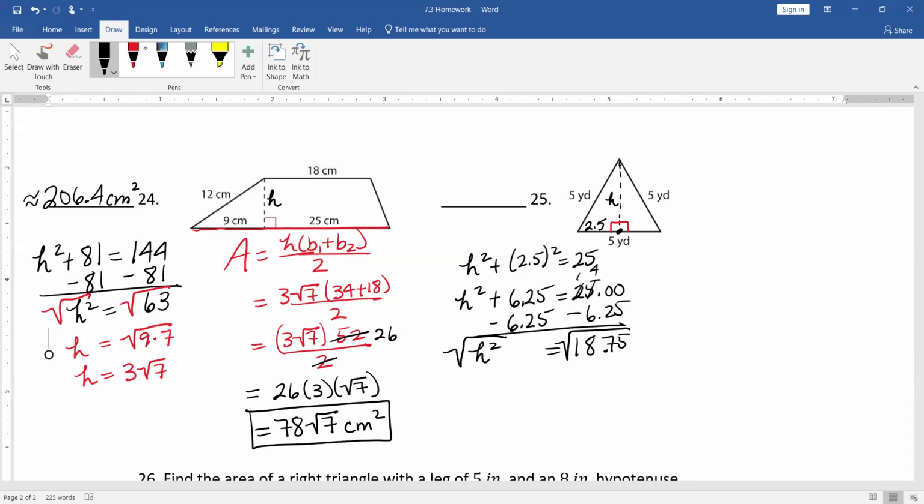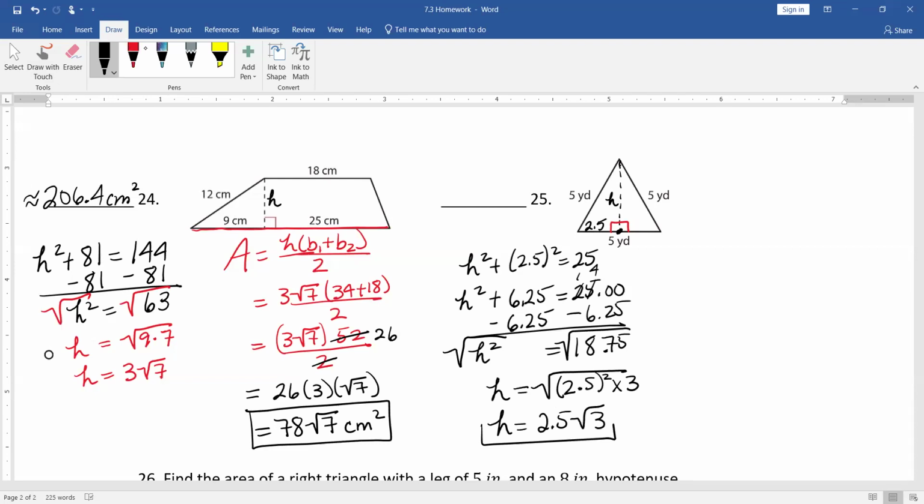When I do the math on that, I end up with h equals the square root of 2.5 squared times 3, which takes care of my decimals too. So the 2.5 comes out, and I end up with the height as 2.5 square root of 3. So there's the height, lovely number.